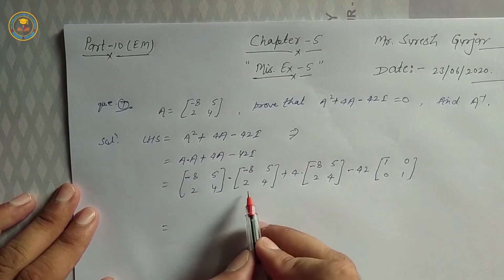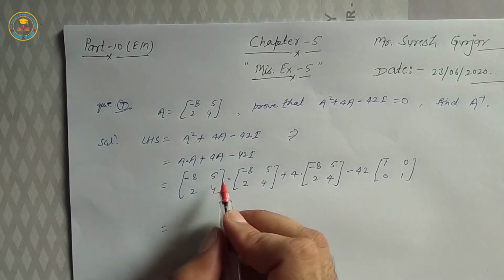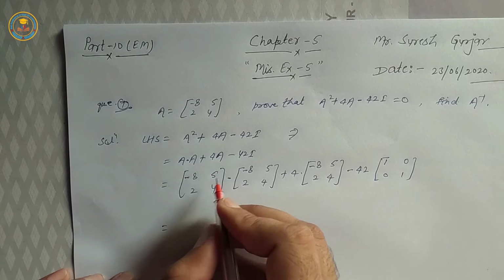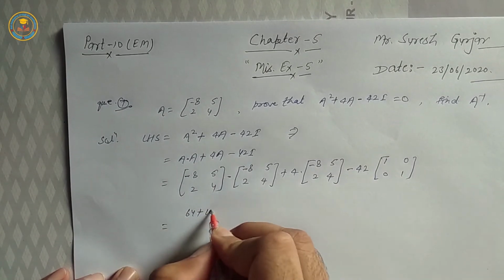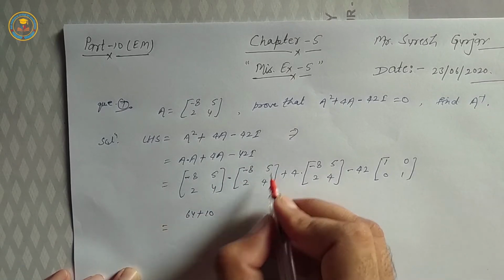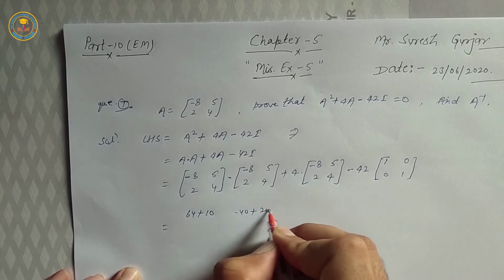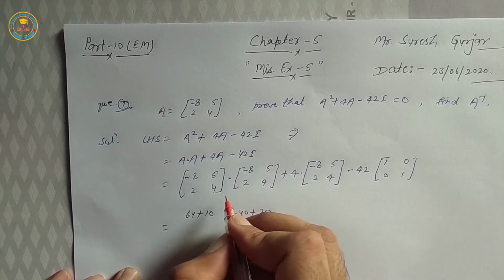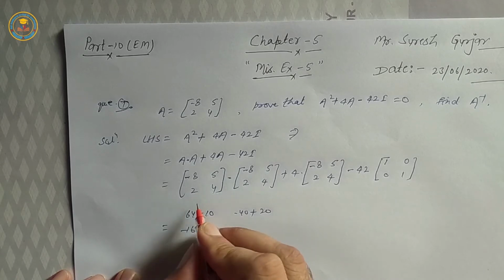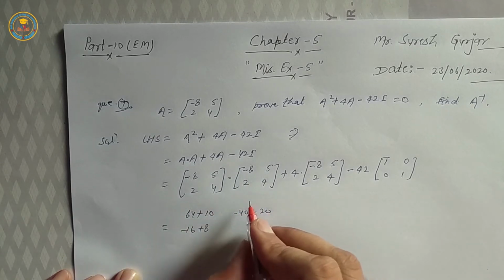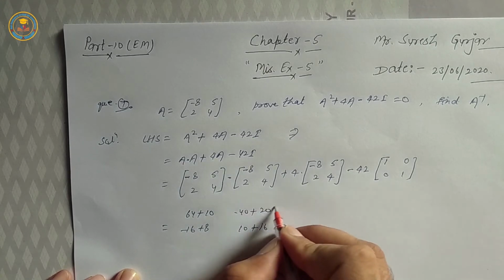First row, first column: minus 8 into minus 8 is 64, plus 5 into 2 is 10. First row, second column: minus 40 plus 20. Second row, first column: minus 16 plus 8, second row, second column: 10 plus 16.